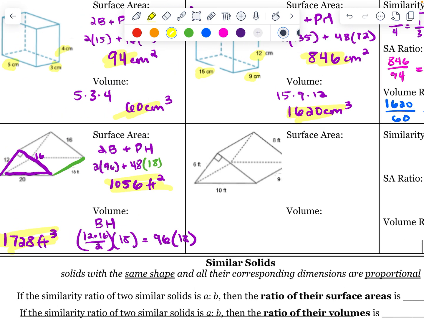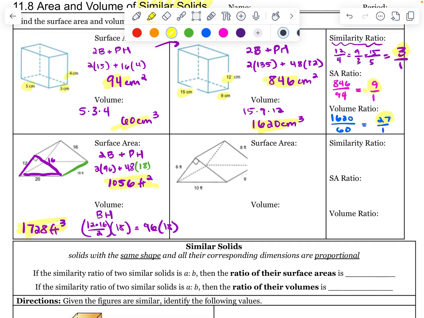All right, now we have a different set. Looks like this is going to be 8 over 16, 9 over 18, right? So I just went ahead and did my similarity ratio. 8 over 16 is a half. So for the surface area ratio, we have to find some surface areas.